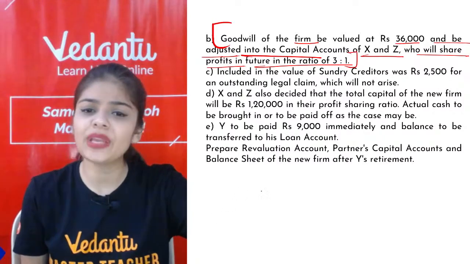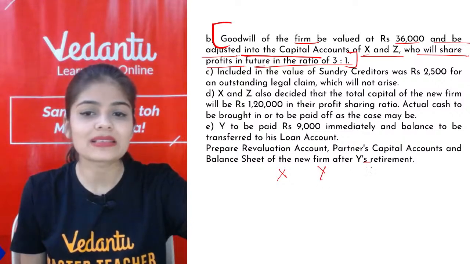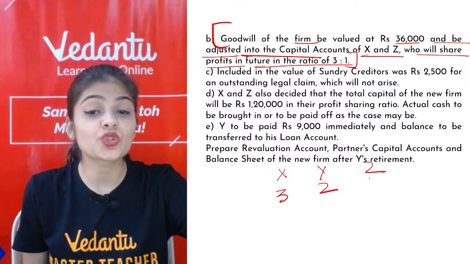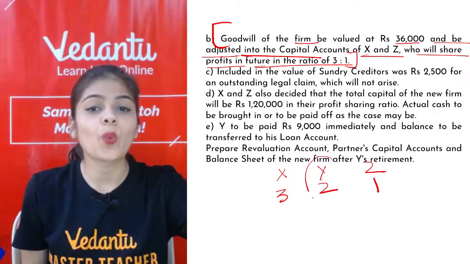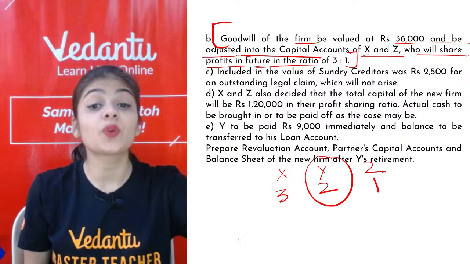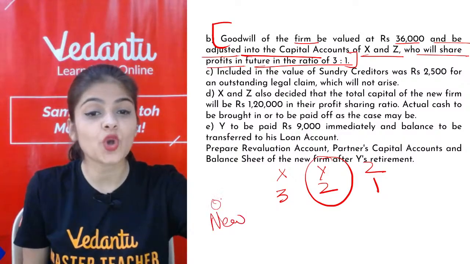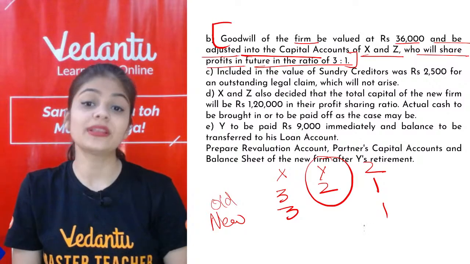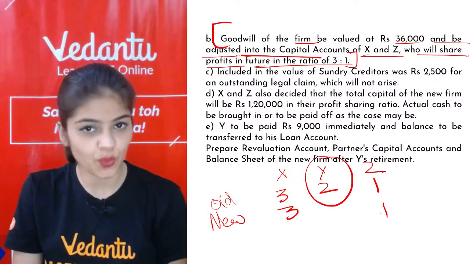Now there were three partners X, Y, Z. Their old ratio was 3:2:1. Now Y is retiring, after which the new ratio will be 3:1. So this will be the new ratio.